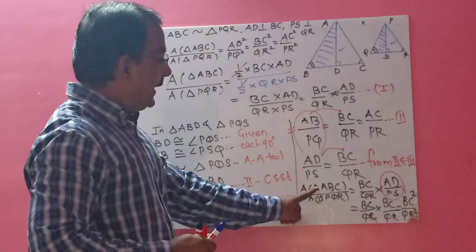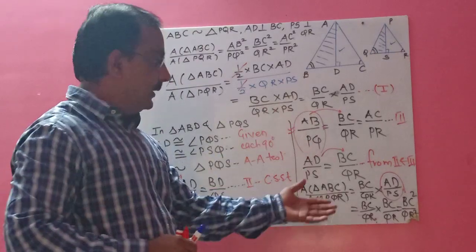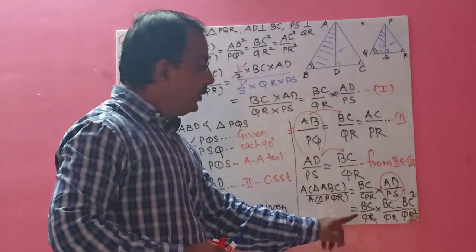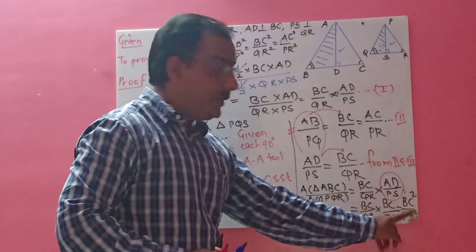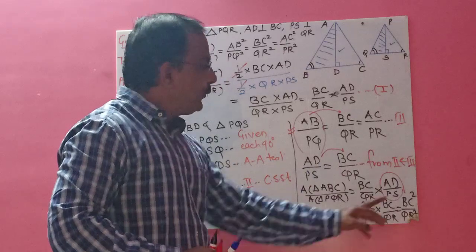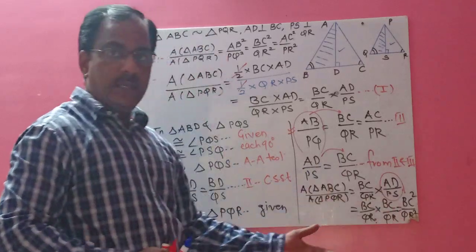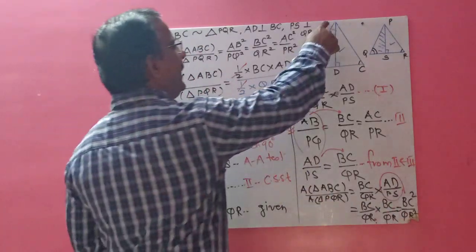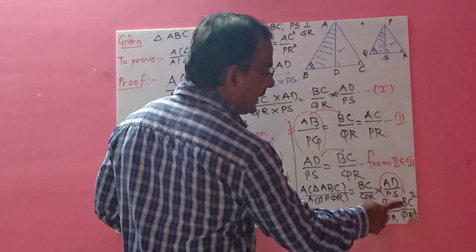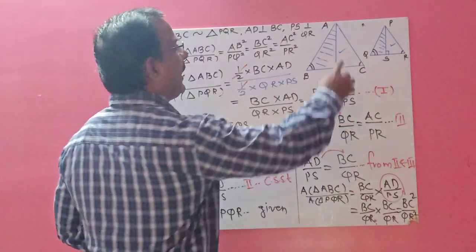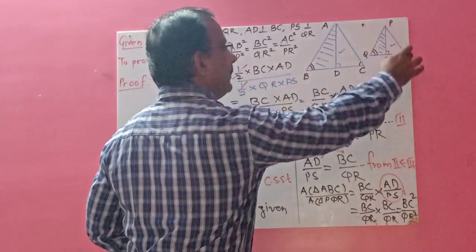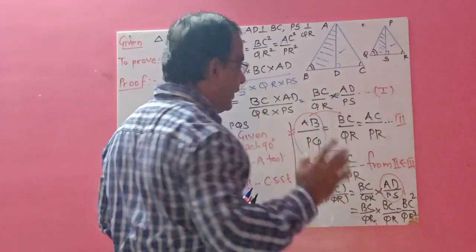So the ratio of areas of two similar triangles is equal to the ratio of the squares of corresponding sides. I had proved for one side. Similarly, I can prove for AB and PQ, means here I can get AB square upon PQ square. Same way, I can get AC square upon PR square.